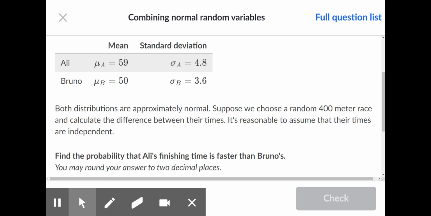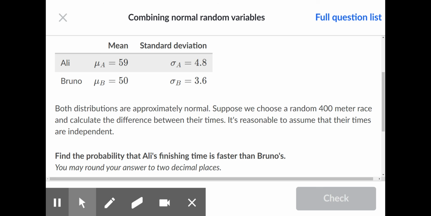So with all this in mind, finding the probability will be normal CDF. I need 4 things, remember? The first thing is the lower bound, the second is the upper bound, the third is the mean of D, and then the standard deviation of D. The lower bound is going to negative infinity, so negative 99999.